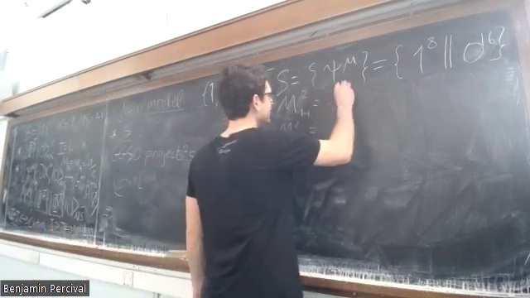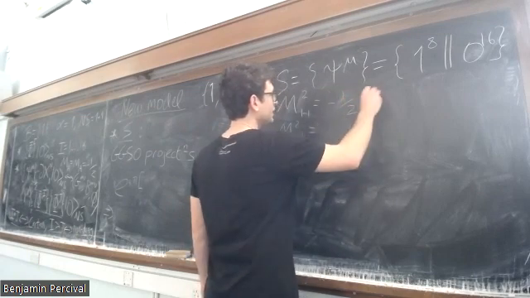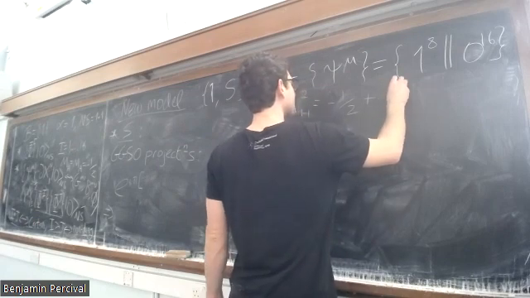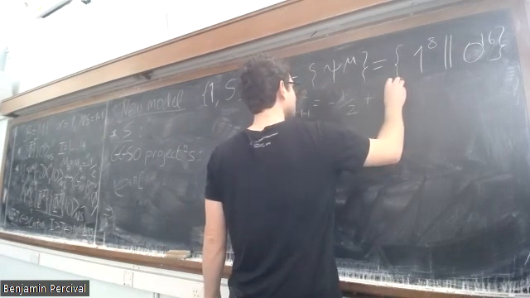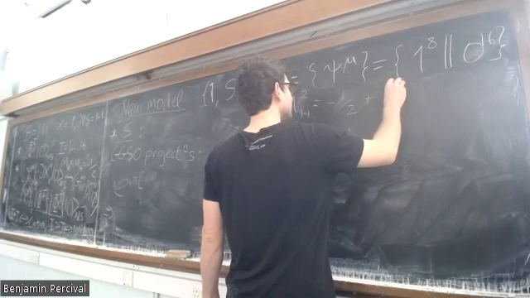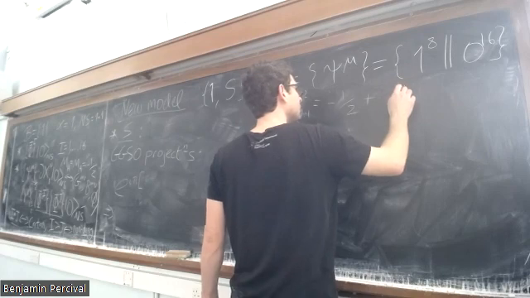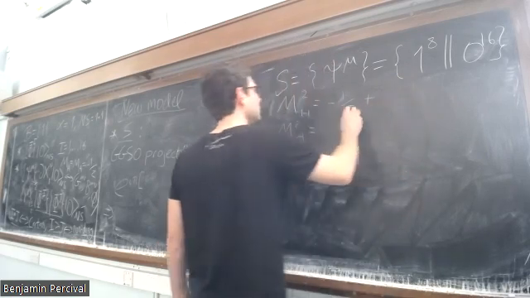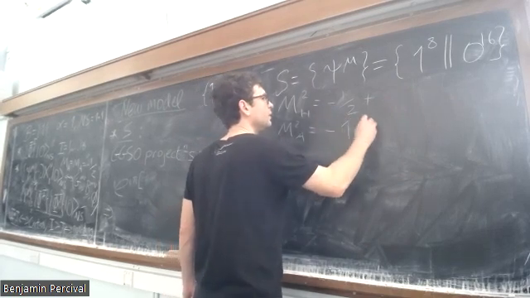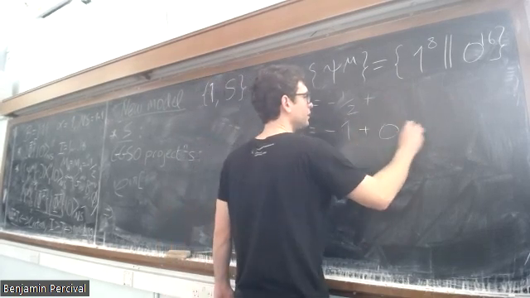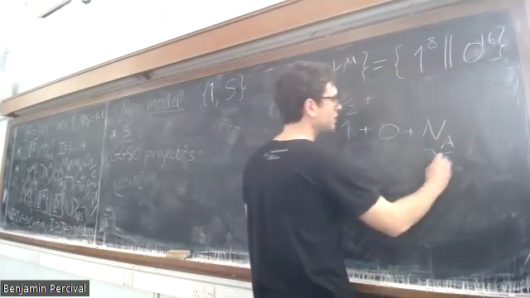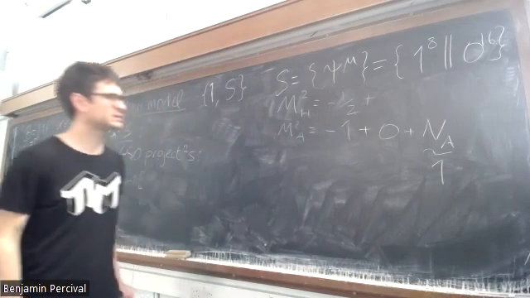So this is -1/2 plus, so this is going to have to be 1 to make it massless.